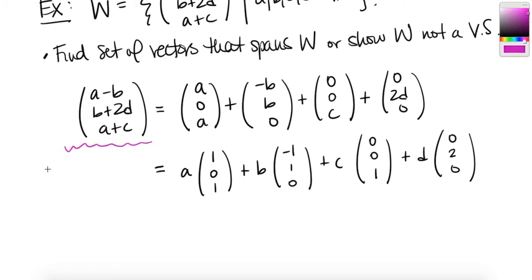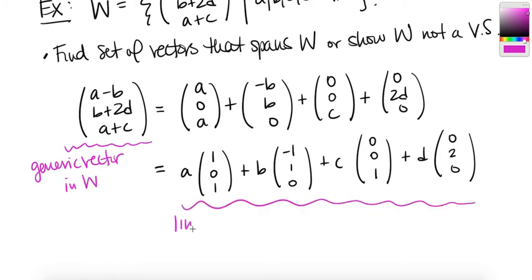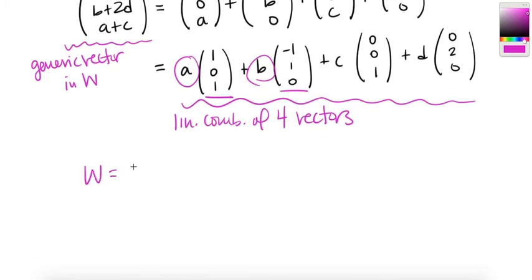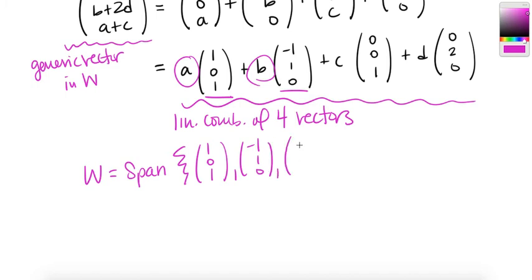The reason is we started with a generic vector in W, and we wrote it as a linear combination of 4 vectors. Each of these terms is vector times scalar. So anything in here is a linear combination of 4 vectors, which means that W is the span of these vectors.